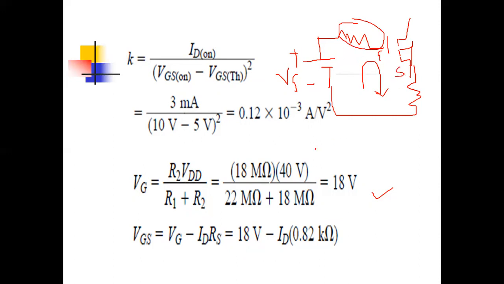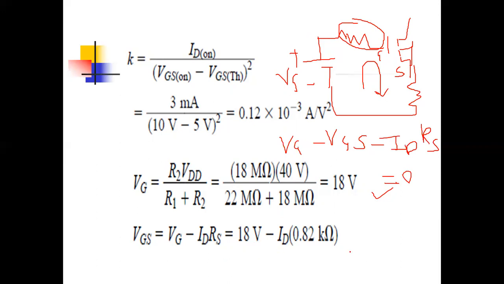So what is the equation? VG minus VGS minus IDRS equals 0. From this equation, VGS equals VG minus IDRS. Put the value of VG here.